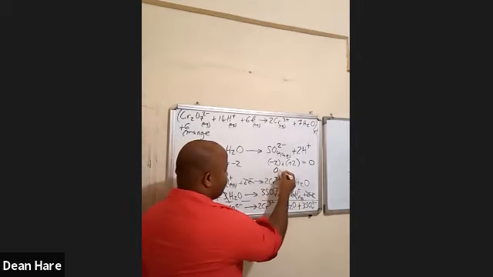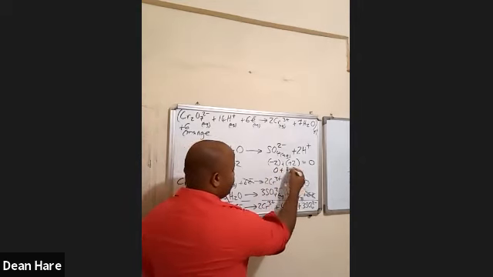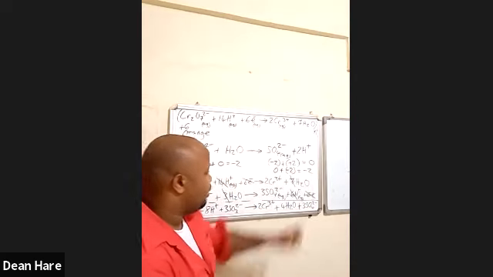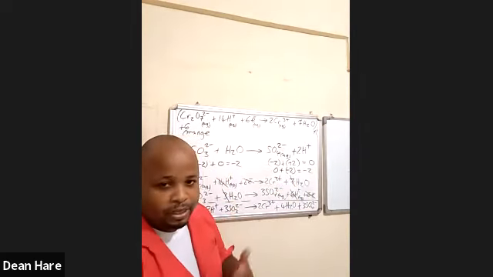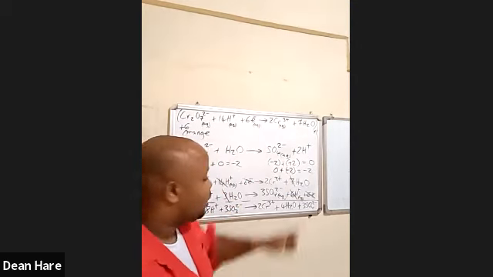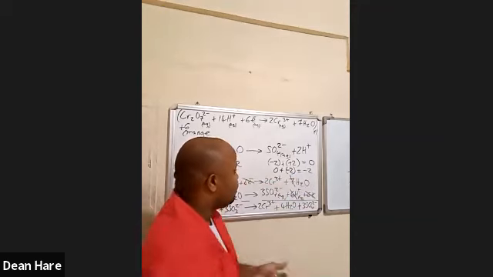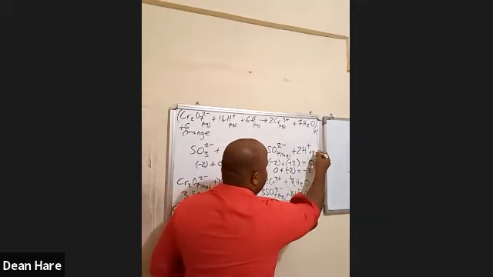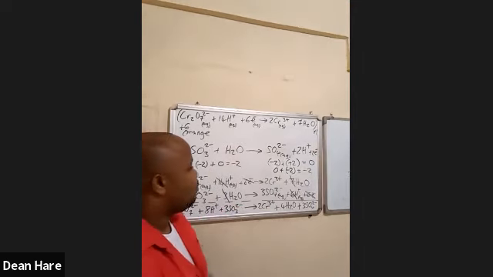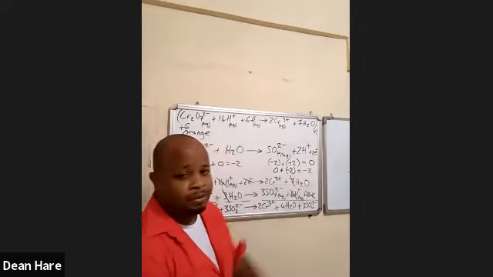So 0 plus -2, that is how we would end up with an overall charge of -2. And the negative charges are added in terms of electrons. So if you need 2 negative charges, you are going to add 2 electrons. And that is how we get the 2 electrons here.